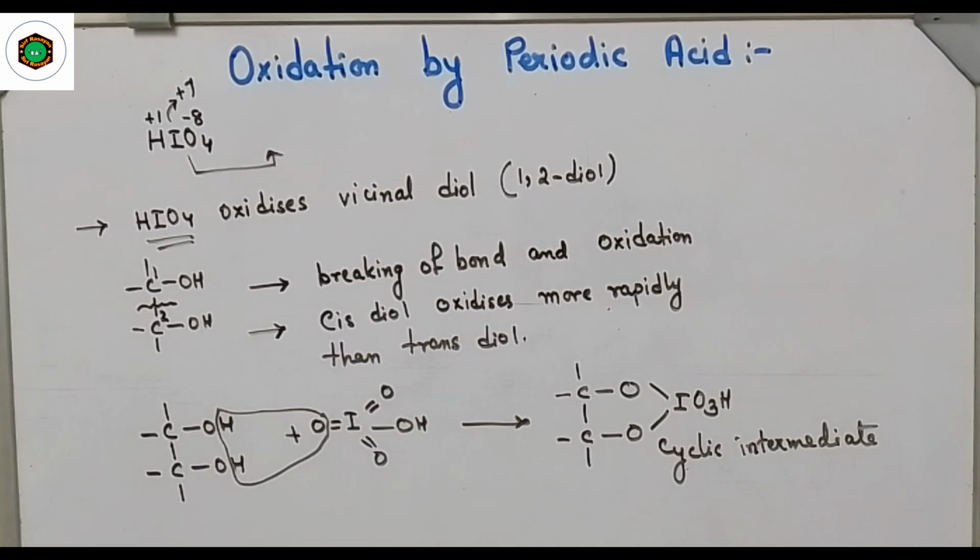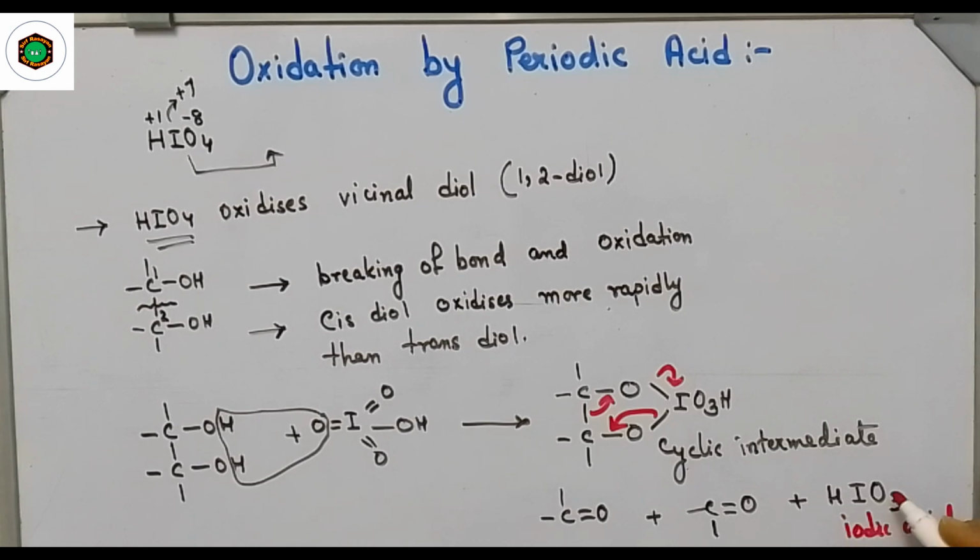That's why cis diol oxidizes more rapidly than trans diol. After that what will happen? This bond will cleave, and this will cleave. Product will be, from this side we will get C=O, plus from this side we will get this C=O, plus iodic acid HIO3. Now what is the oxidation state of iodine here? This is iodic acid.